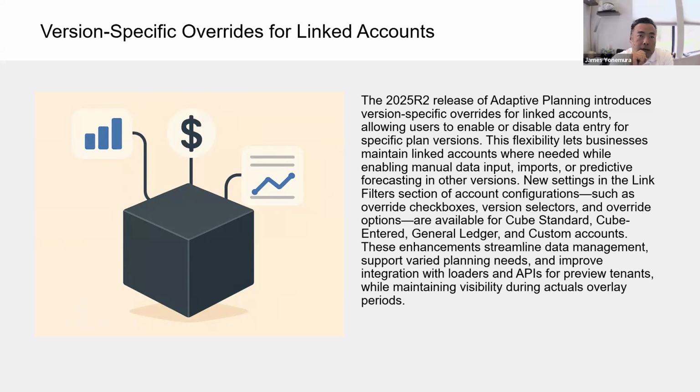If you want to link accounts from a sheet to GL, for example, you can be specific just to a version, so it doesn't impact prior versions. This is something that I've been looking for a long time, and they finally delivered. It looks like enough clients asked for it. I'm interested in seeing how clients utilize this, especially the ones that use linked accounts.